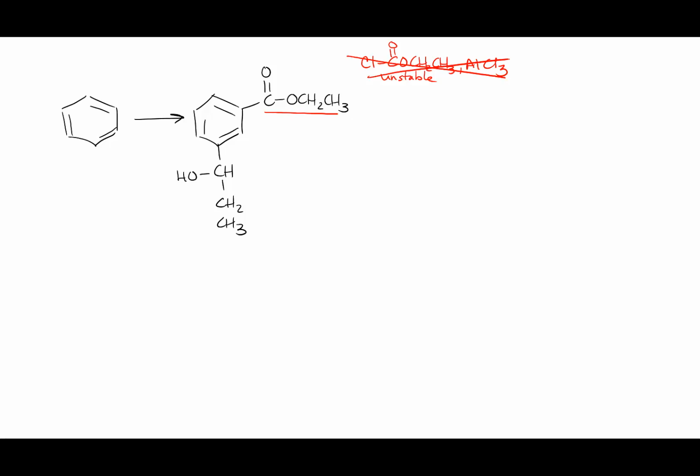So we have to think, how do we make an ester? I think there's a reaction that is named for someone called esterification reaction. And I think we've done it both in lecture and in lab.